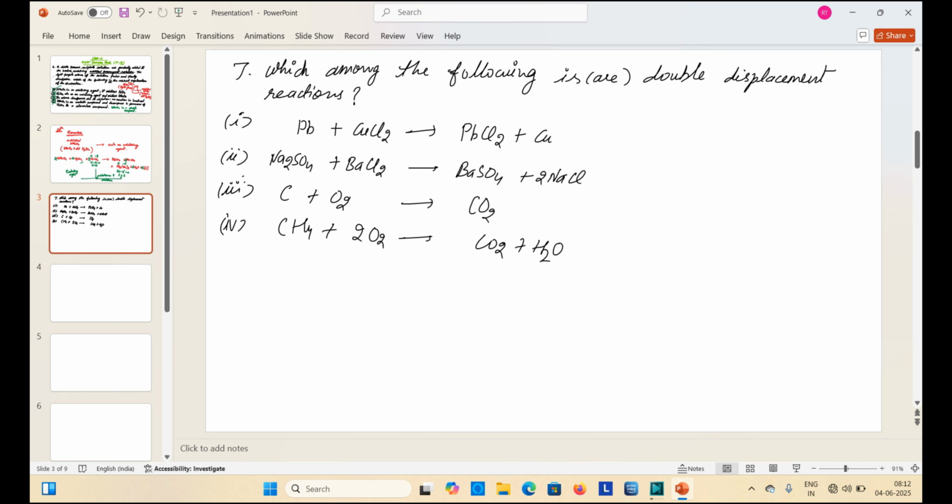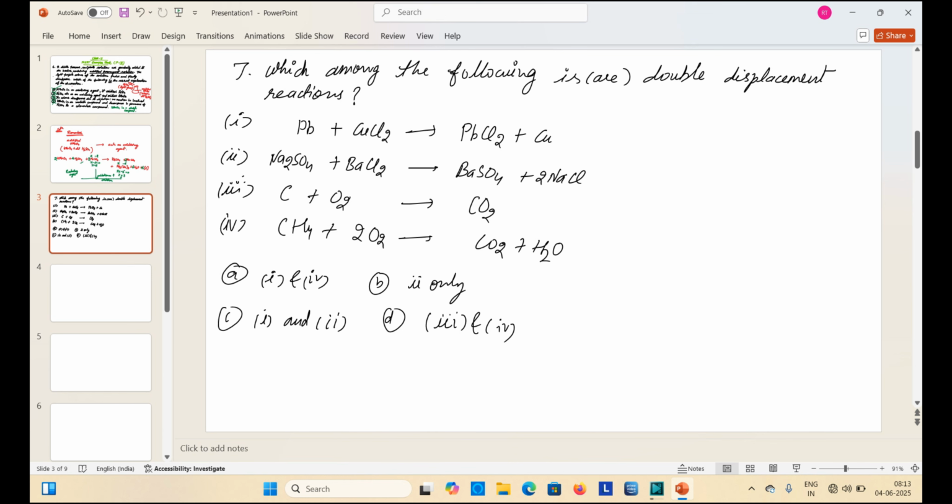And our options are: A option is first and fourth, B option is second only, C option is first and second, and D option is third and fourth.